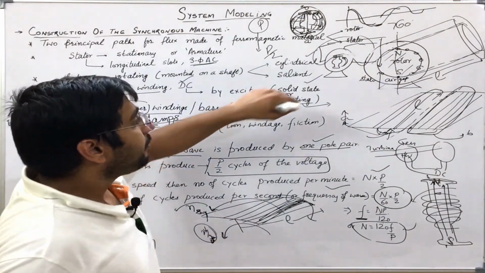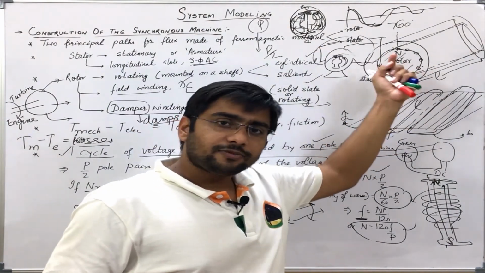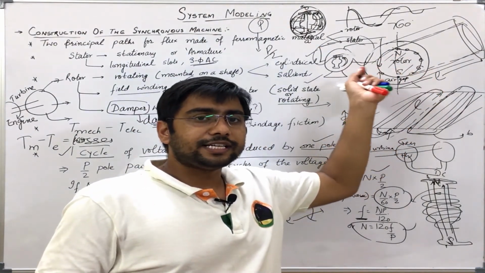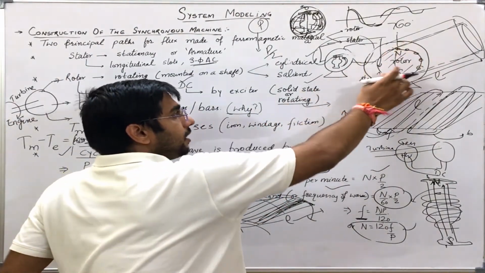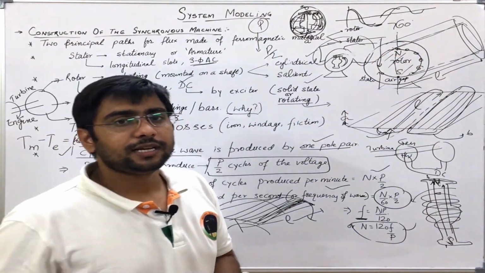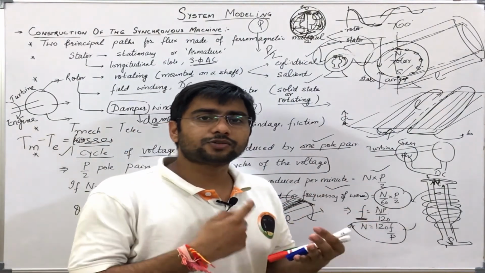Now we will assume that the MMF wave produced by these windings is sinusoidal in nature, and they are so placed around the periphery of the machine that the distribution of the flux wave or MMF wave is sinusoidal.